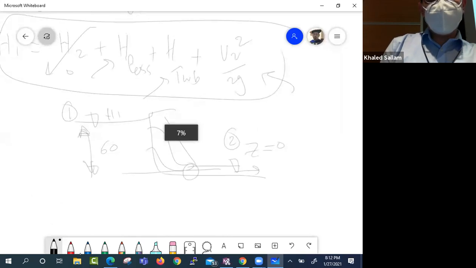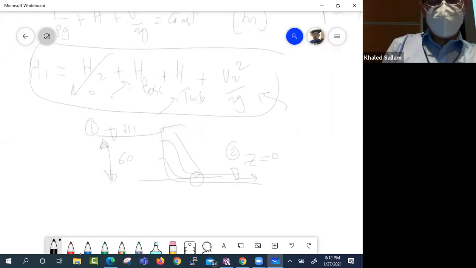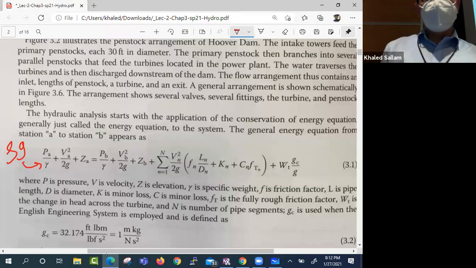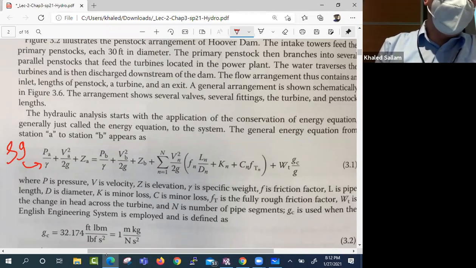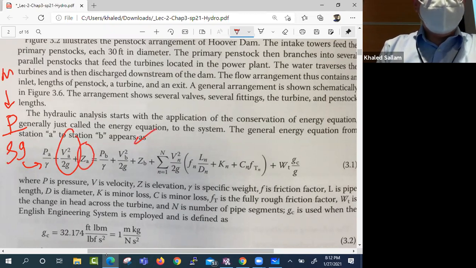So P over rho g is basically in meter. That's the unit of head. And V squared over 2g and the z at the exit, plus the losses, plus the turbine.